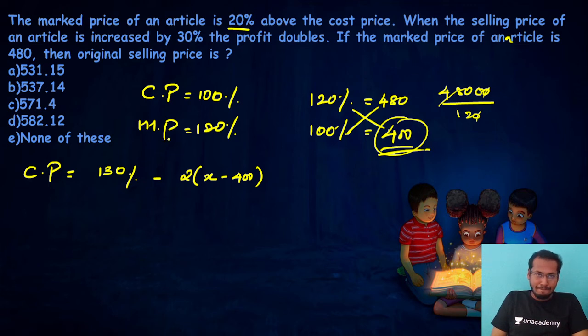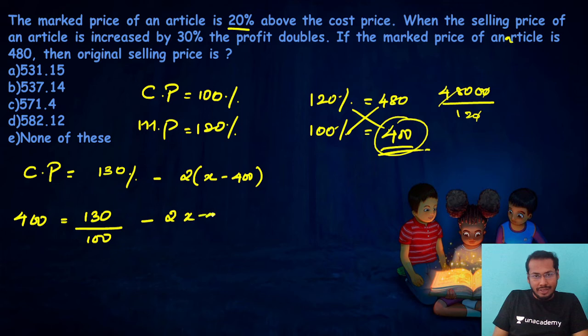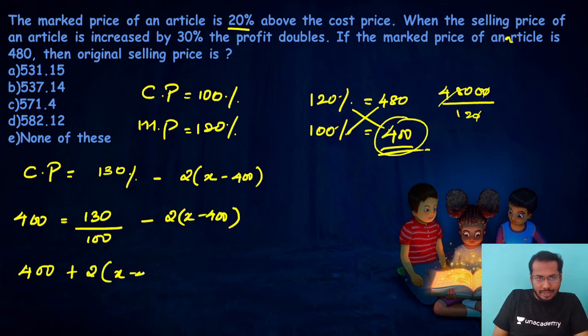Is it right? Okay, let's write, 400 is the cost price. 130 divided by 100 minus 2 into x minus 400. Okay, let me first solve. When this minus 2 into x minus 400 comes to this side, it will be plus 2 into x minus 400.